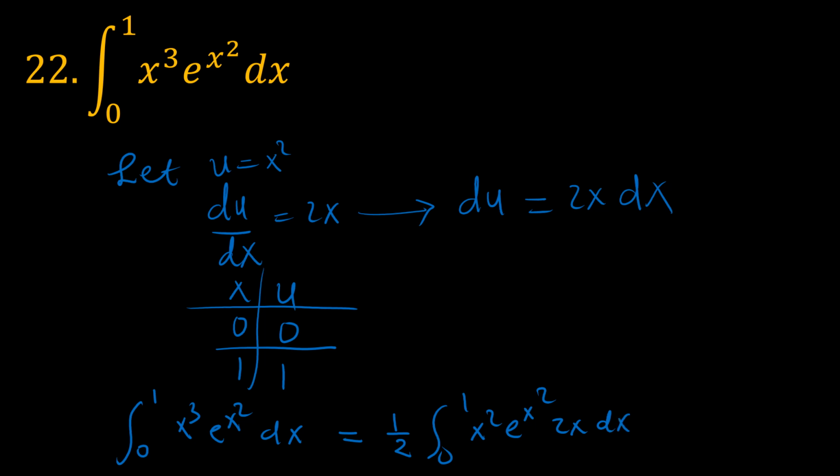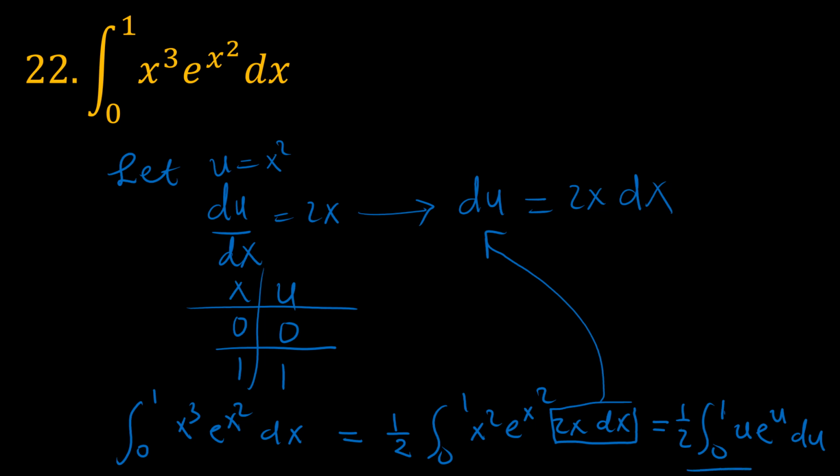This 2 and this 2 are supposed to cancel, and then we want to write this in such a way that we could substitute. So that essentially becomes a half integral in the u domain from 0 to 1, x squared is u, and 2x dx is du. And that is our new integral, and that now is more tractable. We can now solve that very easily.